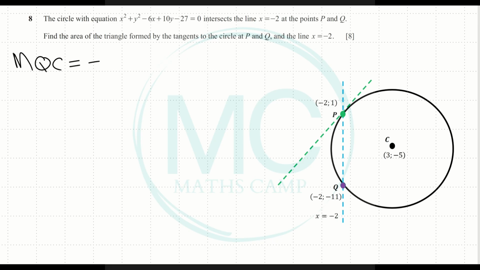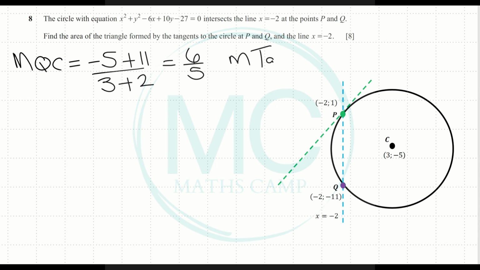So I can say -5 minus -11 over 3 minus -2. And I get 6 over 5, which means that the gradient for the tangent at Q must be -5 over 6.